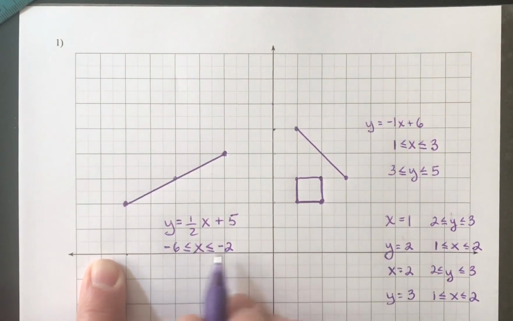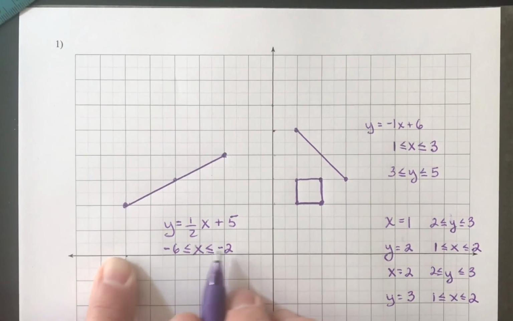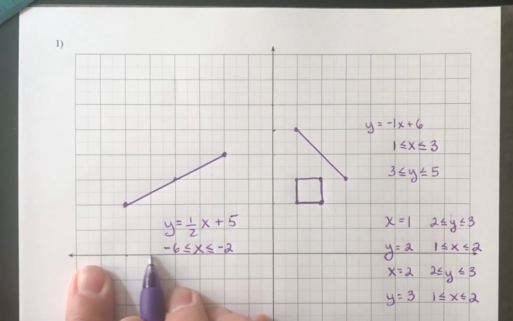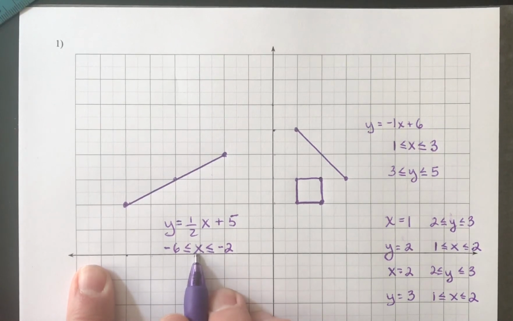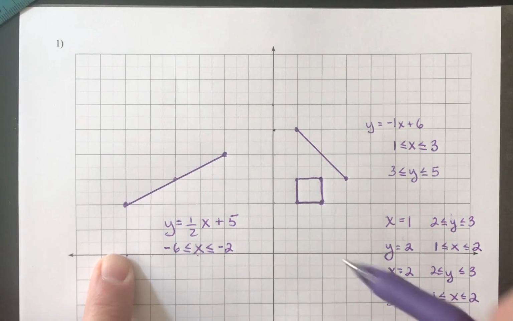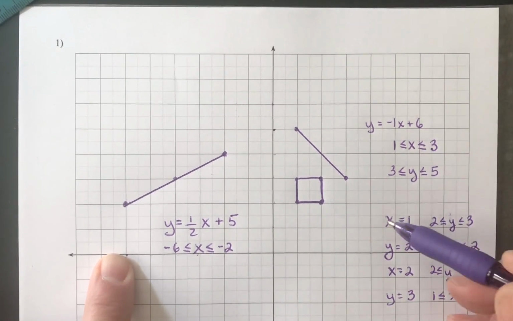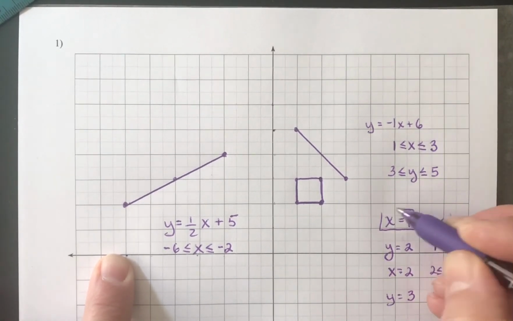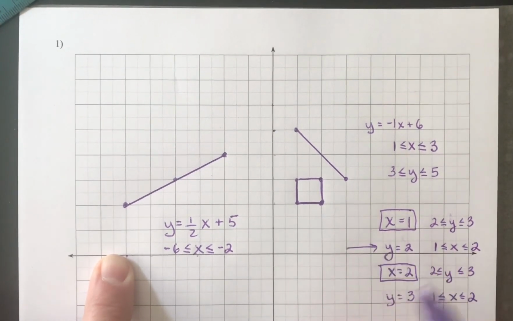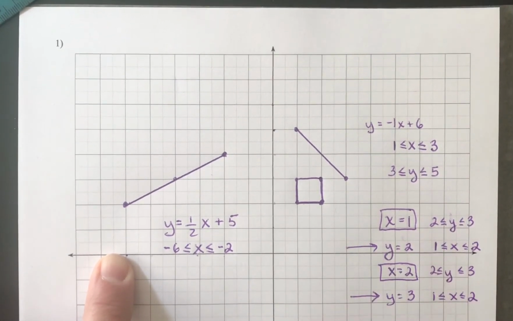And when you're restricting your x values, we're going to go from left to right. So -6, 5, 4, 3, and 2. Again, if you have vertical lines, they're going to be of the form x equals. And if they're horizontal lines, they're going to be of the form y equals.